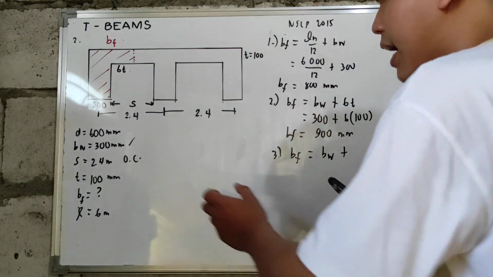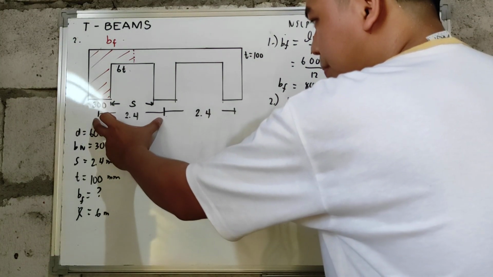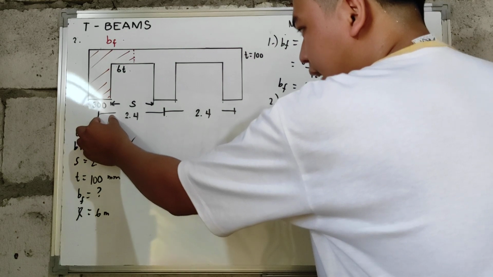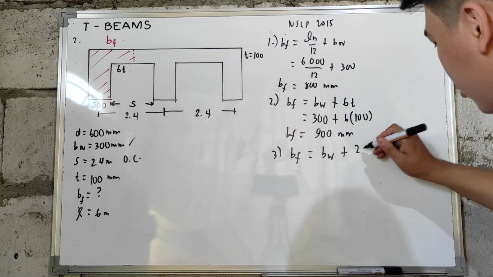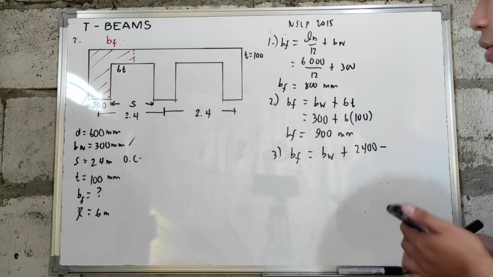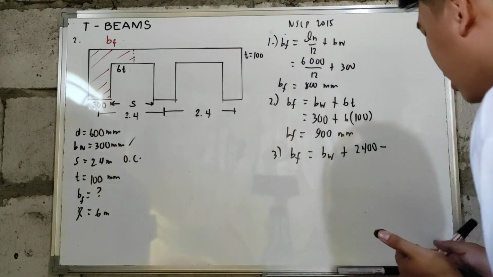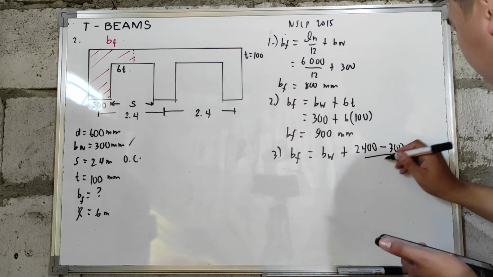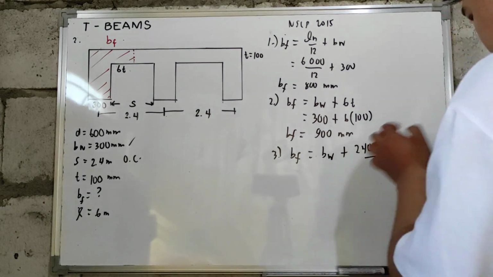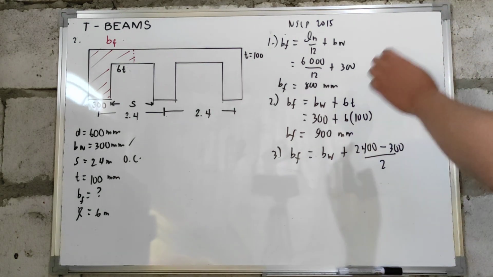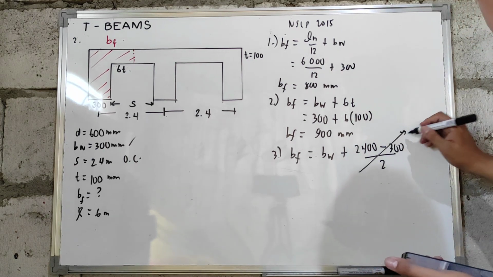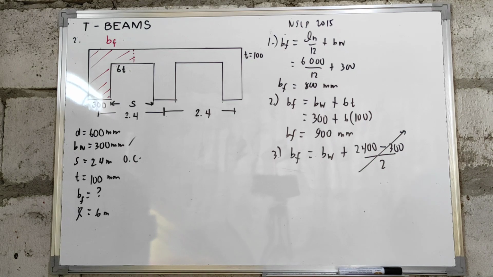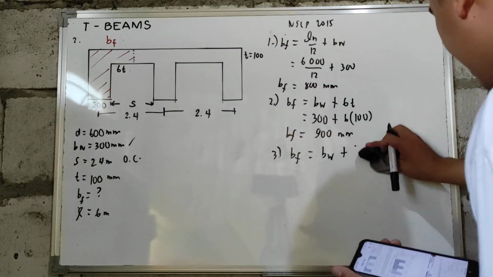So paano natin nahanap yon? So 2.4, minus natin yung kalahati ng 300, minus natin yung kalahati ng 300. So meron tayong 2,400, minus 150, minus 150, so minus 300 over 2. So, yung value ng B sub F, by formula, is equal to B sub W plus S over 2.